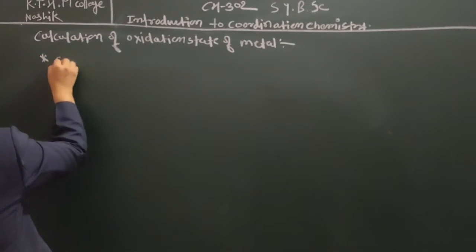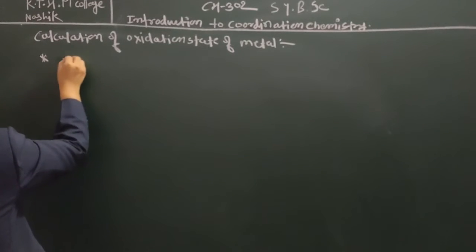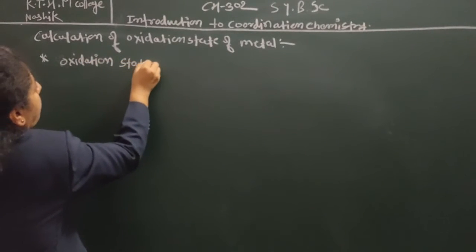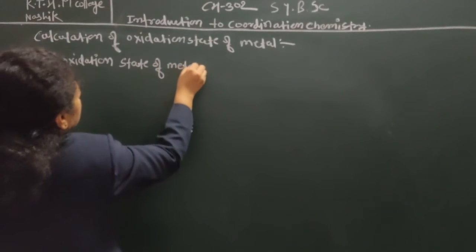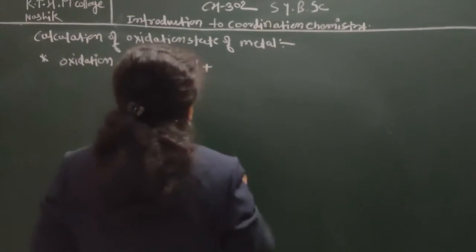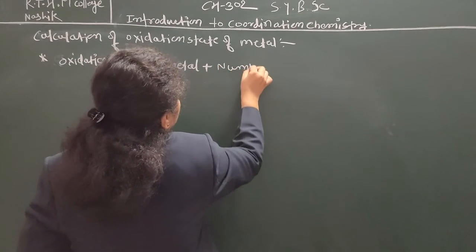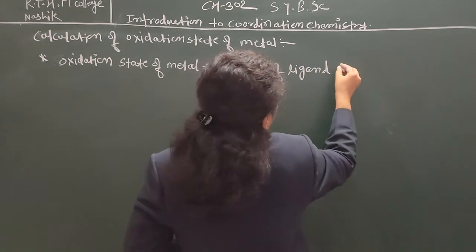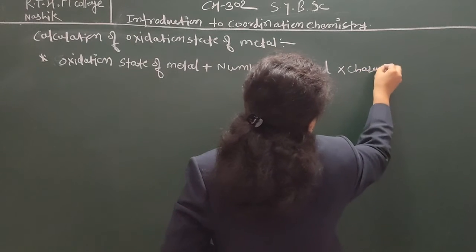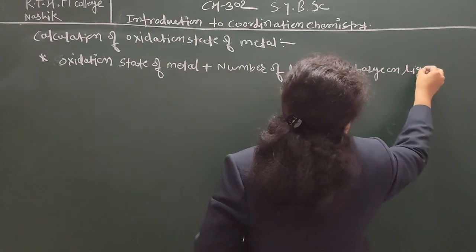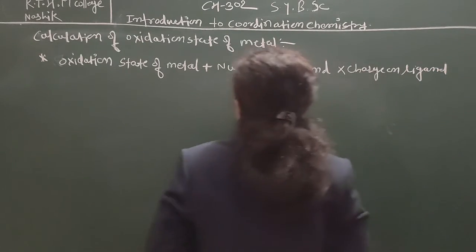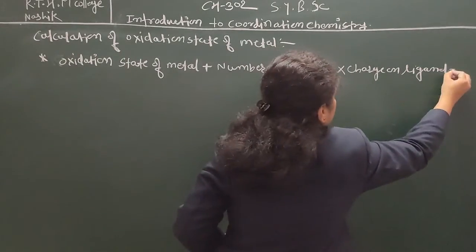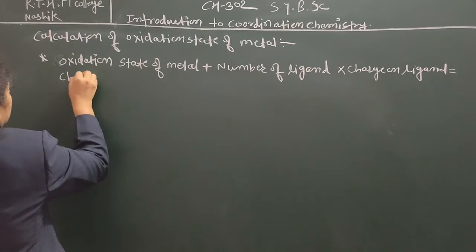The formula is: oxidation state of metal plus number of ligands into charge on ligand is equal to charge on complex ion.